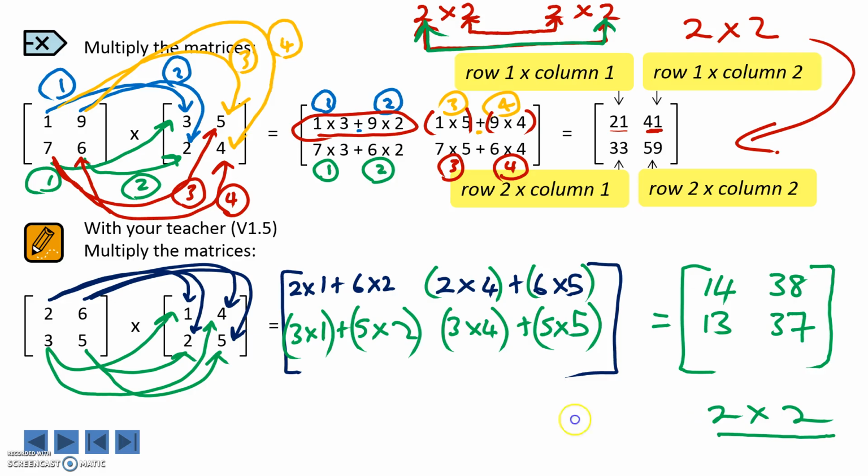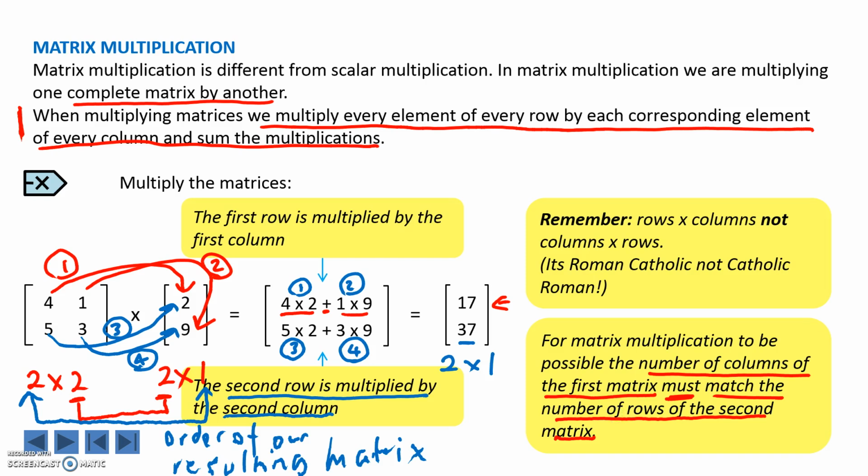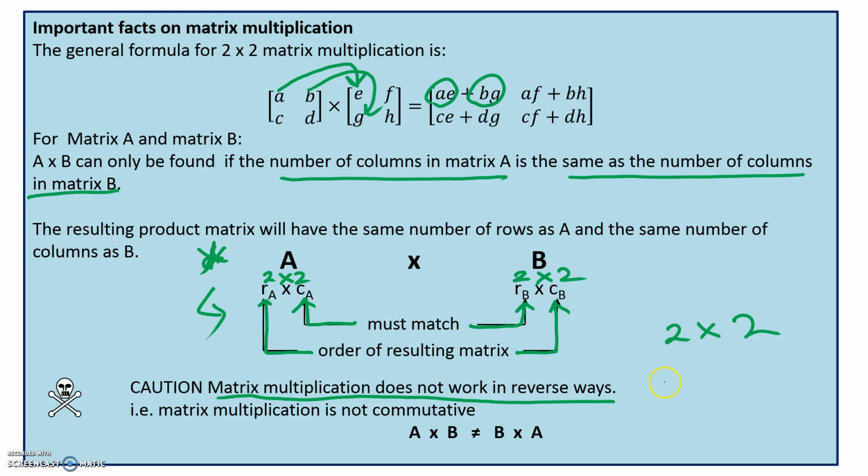But if we go back to this problem that we had here, where we had a 2x2 and a 2x1, so let's do that. 2x2 with a 2x1. Okay, that may not necessarily work.